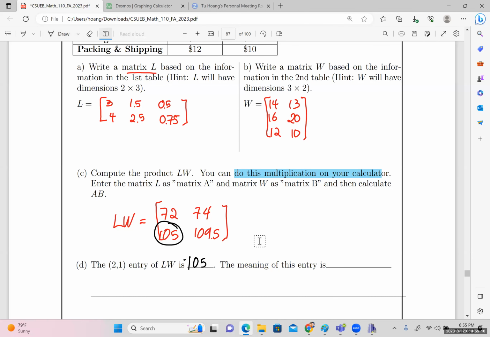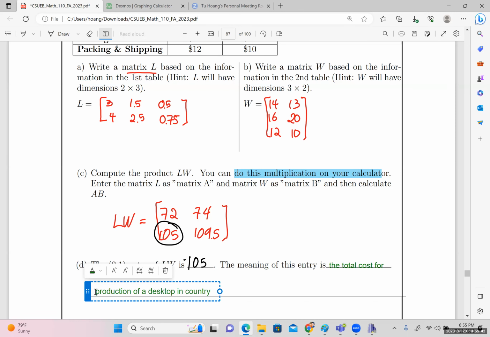What does this mean? This means the total cost for production of a desktop in country A is $105.